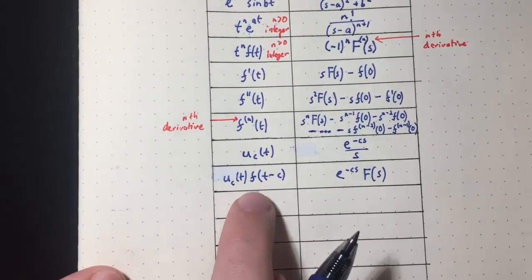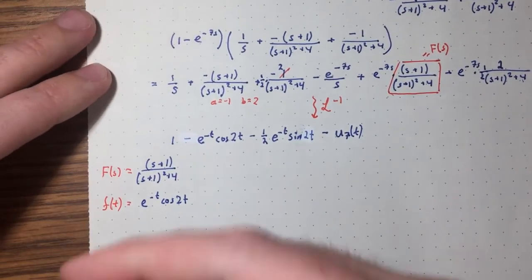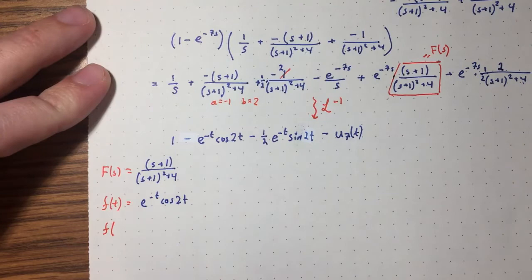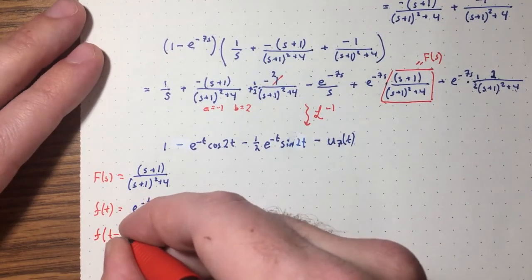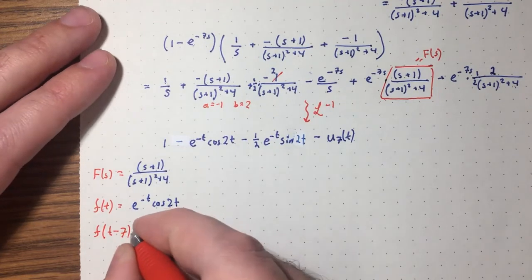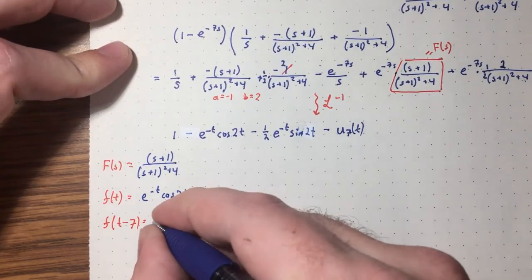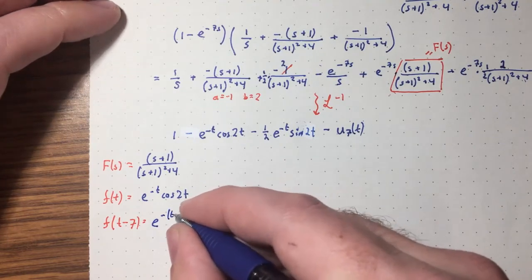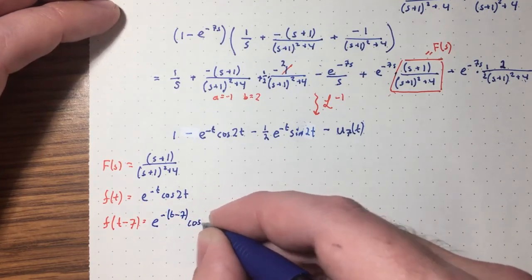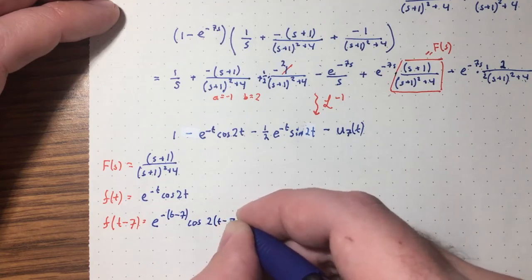The formula says little f of t minus c. So I need to replace the t's with t minus c. What is c in my example? It's that 7, right? So f of t minus 7 is e to the minus t minus 7 times cosine of 2 times t minus 7.